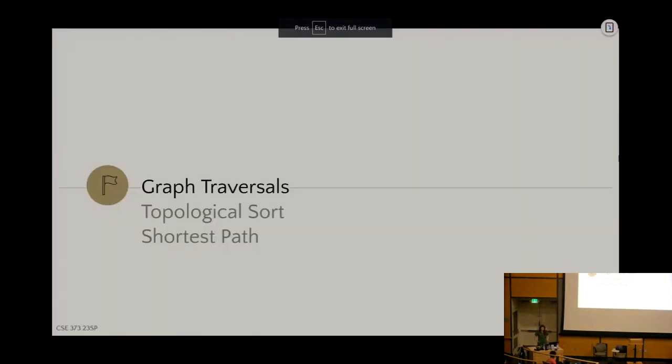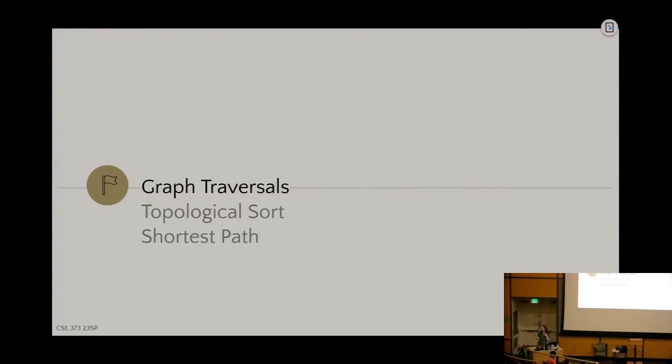Okay. So on Monday, we met this entity called the graph. We picked up a bunch of terminology, and we ended with some conversations about how to actually implement it, the adjacency matrix and the adjacency list. Now that we have this foundation, this is a model, right? It's a model for a scenario.